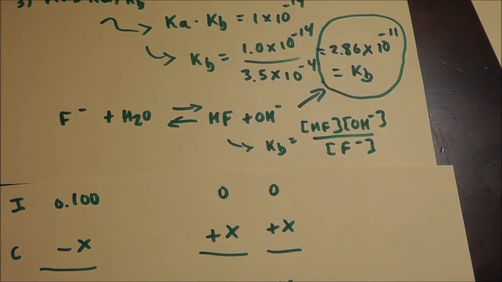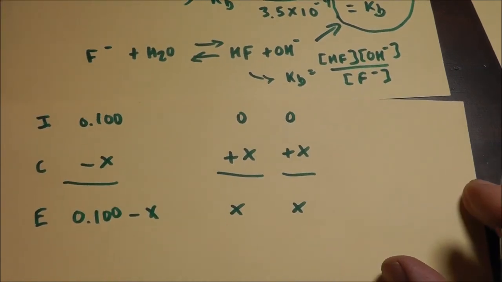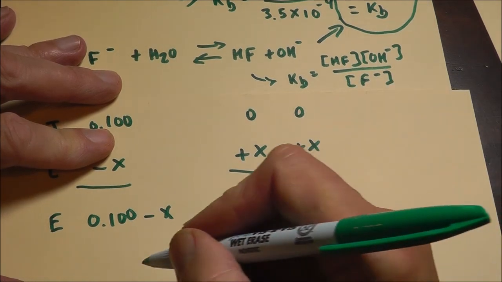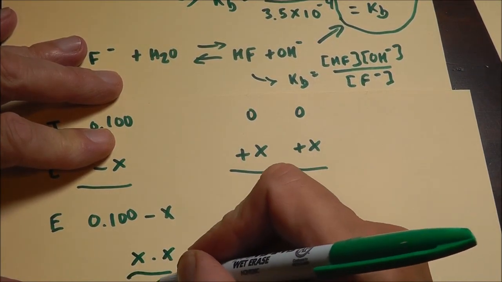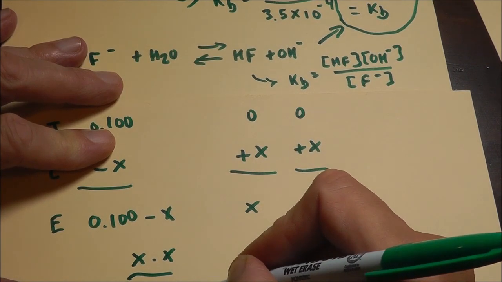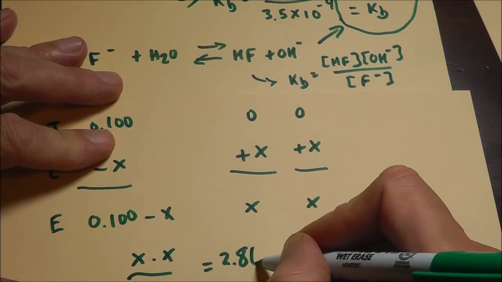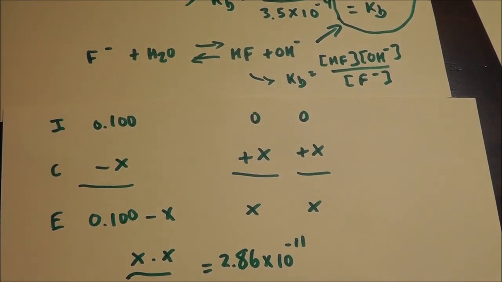That's what that means. And so now I've got to put all that in there. So X times X divided by 0.100 minus X equals 2.86 times 10 to the minus 11. Not the number from the chart, but the number we got indirectly from that relationship.